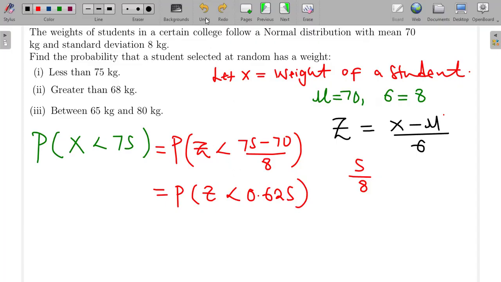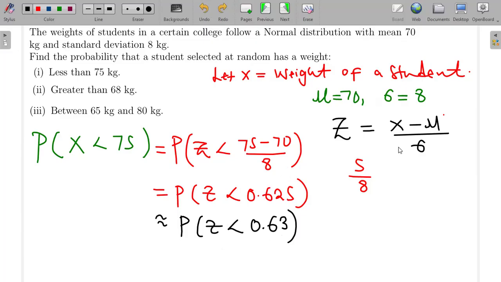So to make our calculations simpler, we're going to round these off to 2 decimal places. So this probability will be approximately the same as the probability that z is less than 0.63, when I round off like that. Then I can find this value on my z distribution table.